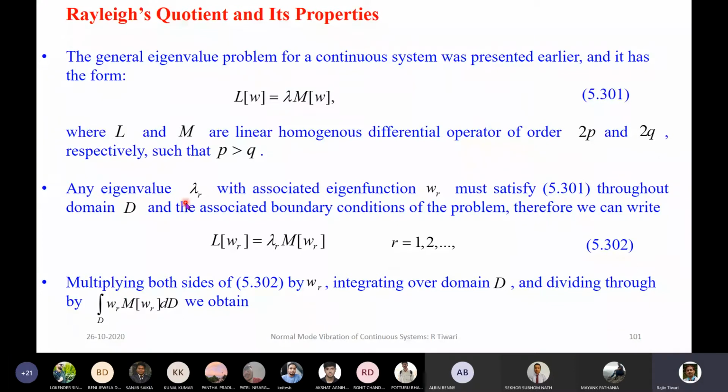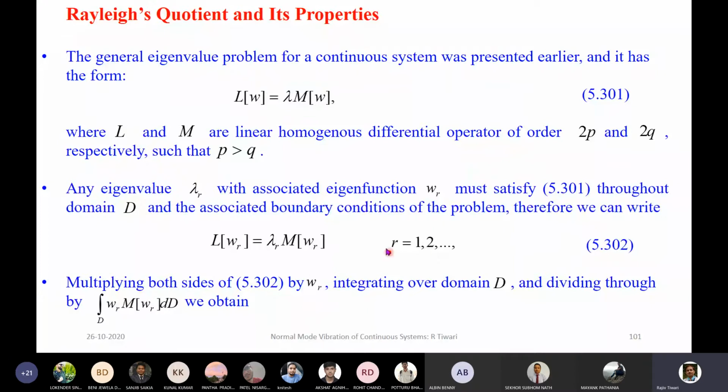If we take one of them as lambda r, the rth eigenvalue, and the associated eigenfunction wr, then if we substitute in this, they should satisfy the equation. And r can take a value from 1 up to infinity.